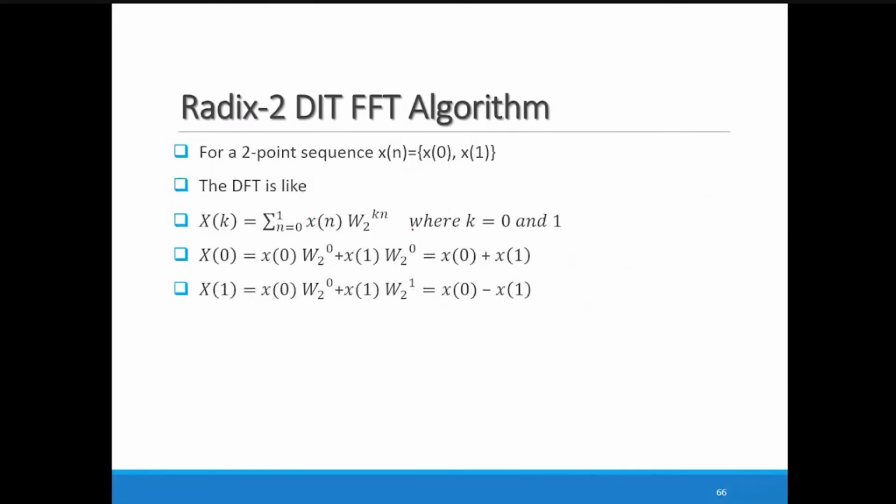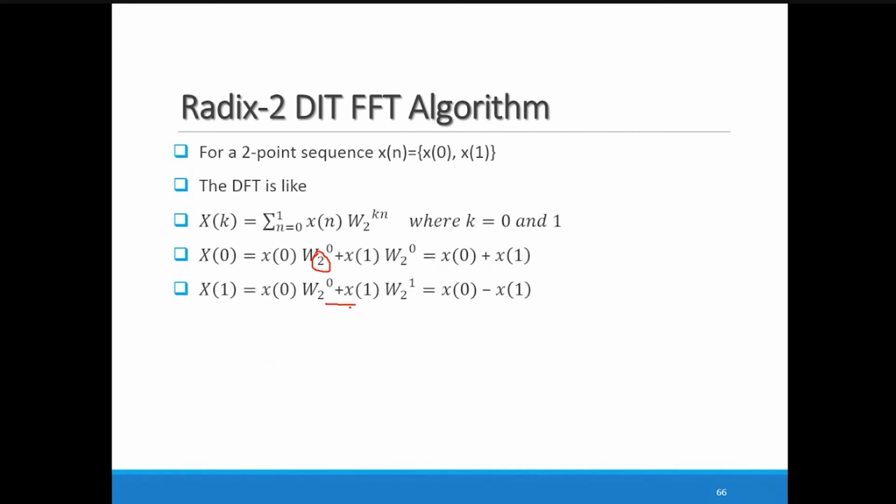When we take k equal to 0 and k equal to 1 for the 2-point DFT, what we are doing is x of 0, omega 2 raised to 0, plus x of 1, omega 2 raised to 0. Here it is x of 0 plus x of 1. Here I am using the term 2, but in that diagram, to make it general, I am using the N term. Here the sign is changed, and it is also multiplied with omega 2 raised to 1.